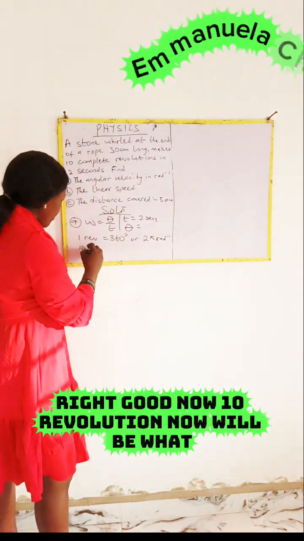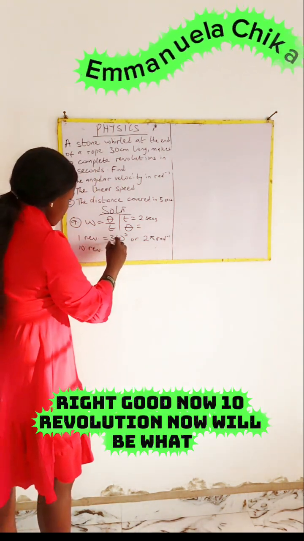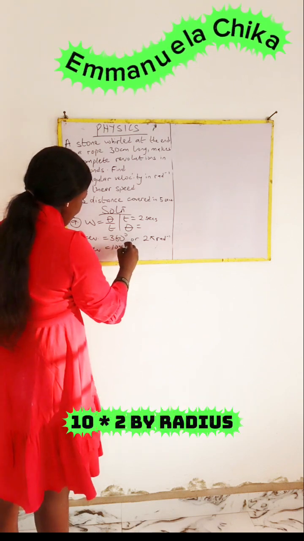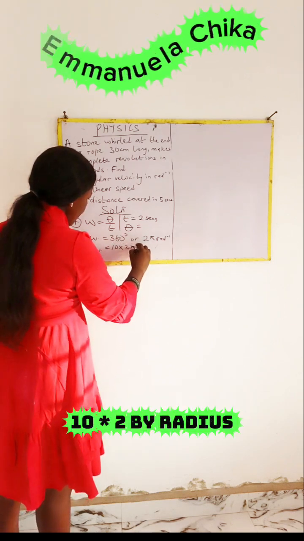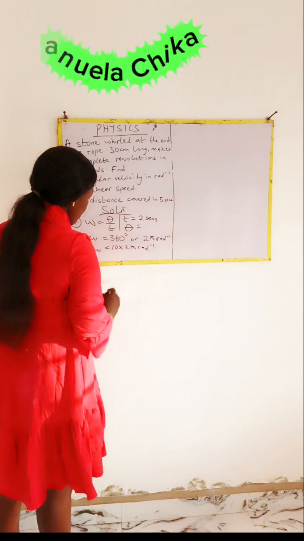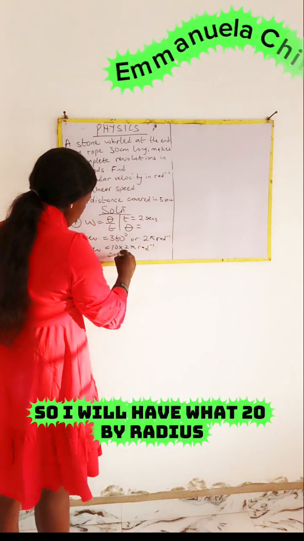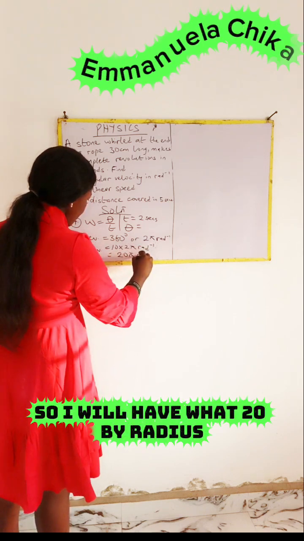Now, 10 revolutions will be 10 times 2π radians. So I will have 20π radians.